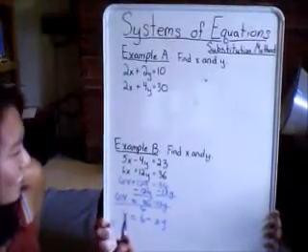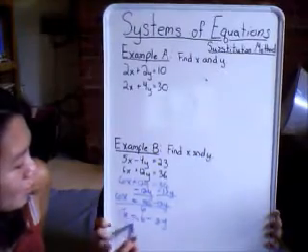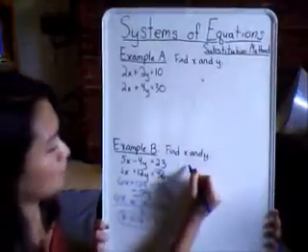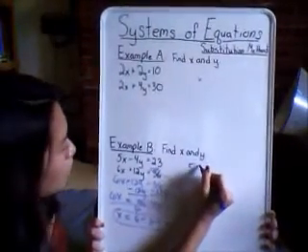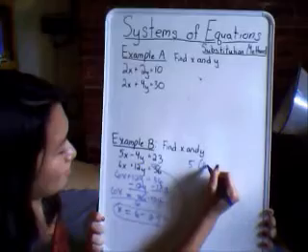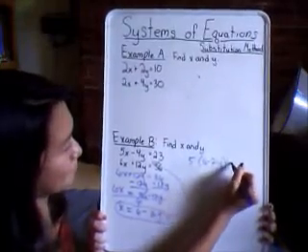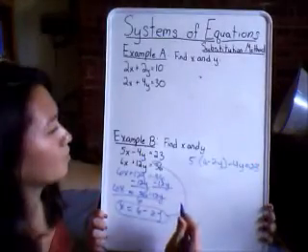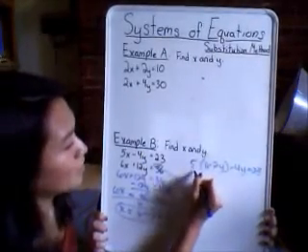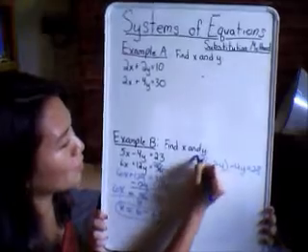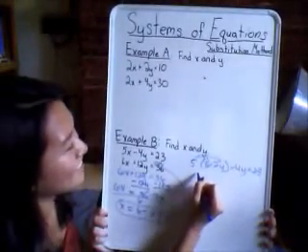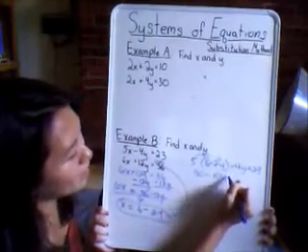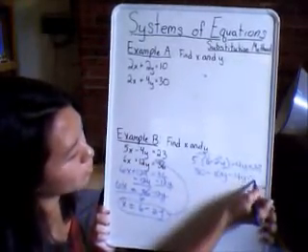Then you would go back and substitute this for x in the first equation. So then you just multiply these. It would end up being 30 minus 10y minus 4y equals 23.